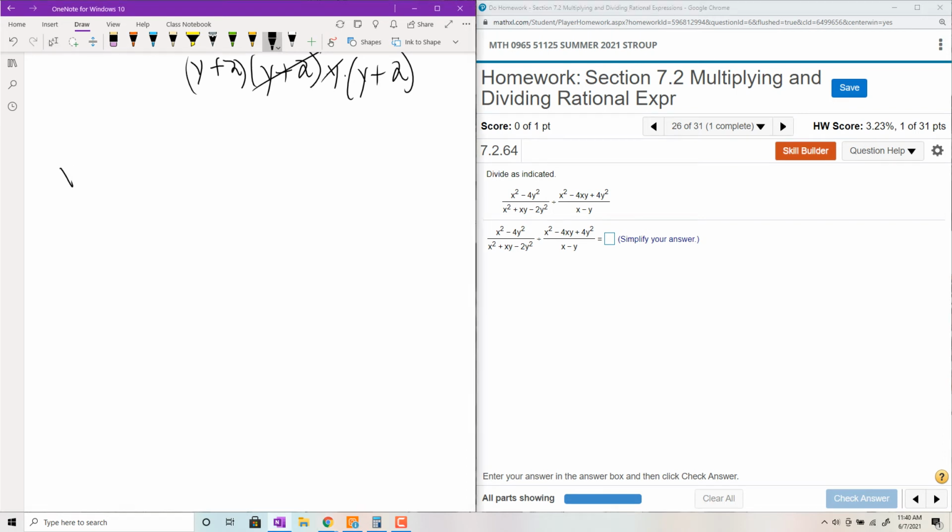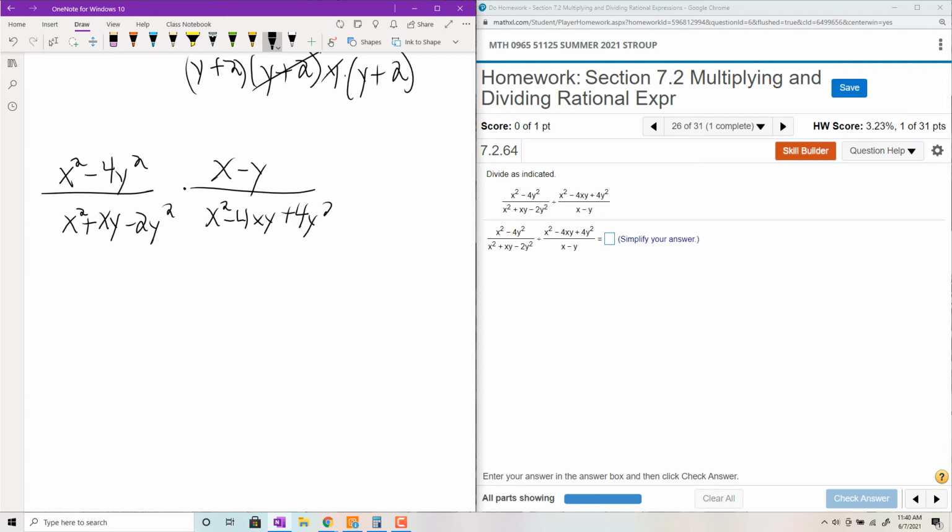As soon as I copy it down on my paper, I'm going to automatically take the reciprocal. So I'll write it down as a multiplication: xy all over x squared minus 4xy plus 4y squared. Now I'm going to factor as I put everything in the numerator. X squared minus 4y squared is the difference of squares. It's x minus 2y, x plus 2y.